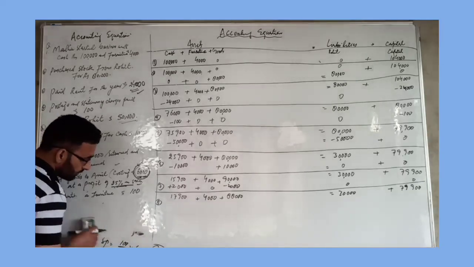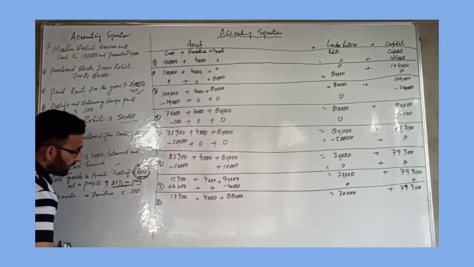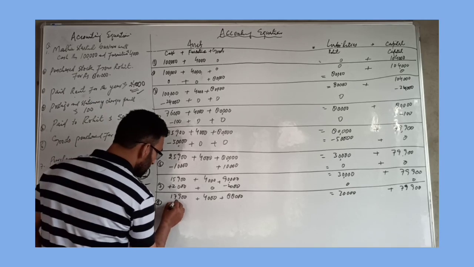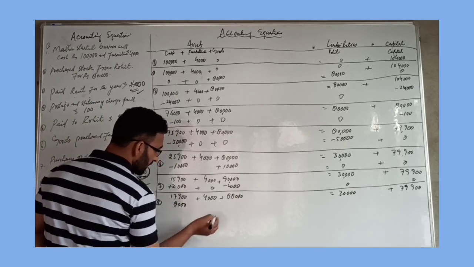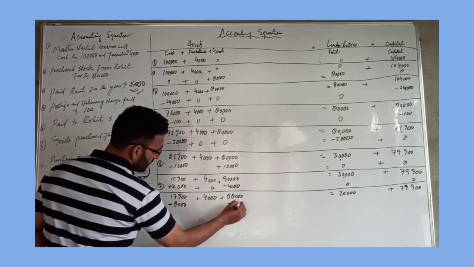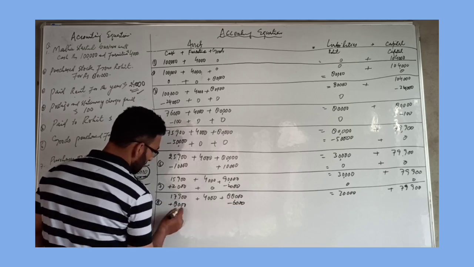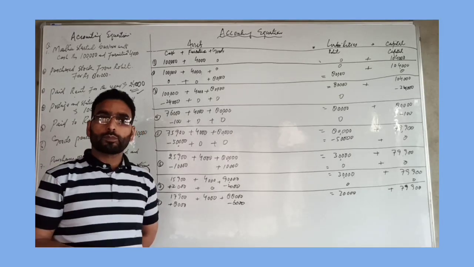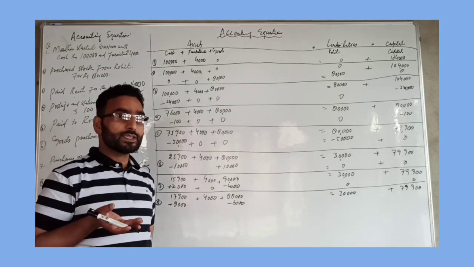Now the business collected cash 8,000, but goods decrease by 6,000. There is profit. I always told you profit increases the capital as well as assets.